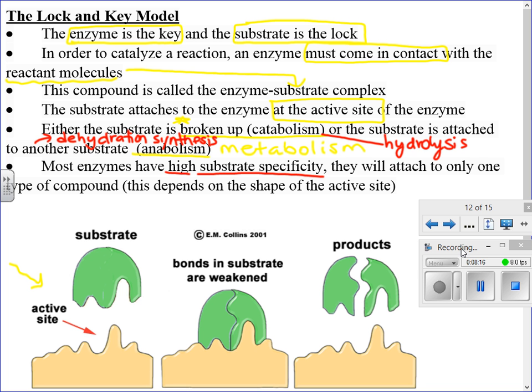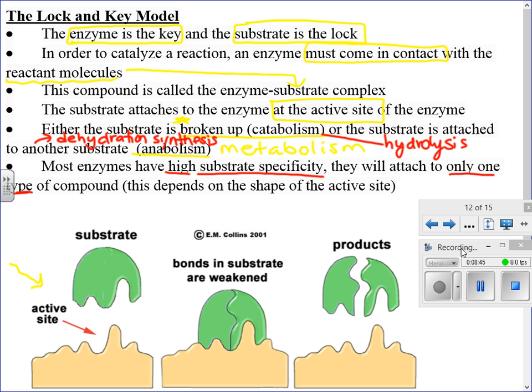I'm just simply saying that most enzymes are quite specific for their substrate. In other words, they will attach to only one type of compound. What that means is that if two molecules have basically the same shape, they might both be able to attach to the enzyme, even though maybe only one of them is supposed to.